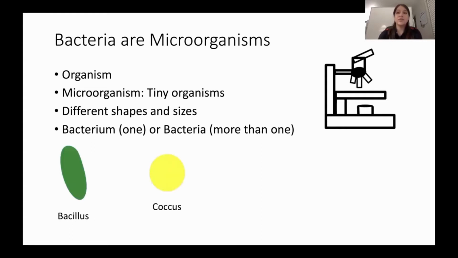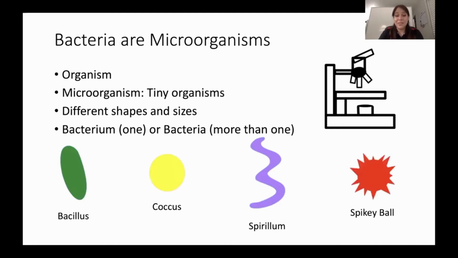It's very spherical shaped, or just basically a circle. There is vibrio-shaped bacteria. It twists and turns like a spiral. And you aren't going to believe what I'm going to say next, but there's even spiky ball-shaped bacteria. As you can see here, there's a lot of diversity of different shapes, and there's a lot of other bacteria shapes that I didn't talk about today.